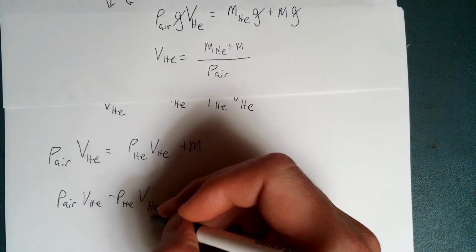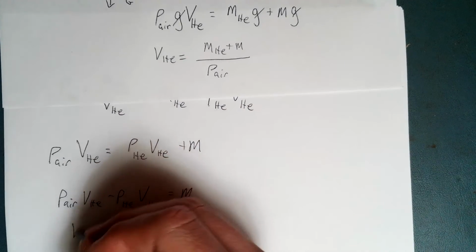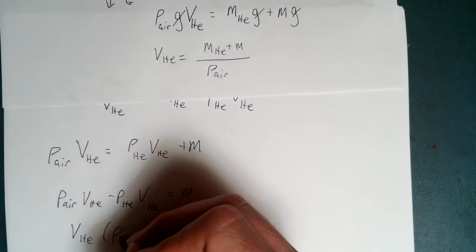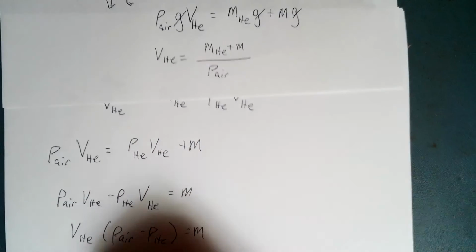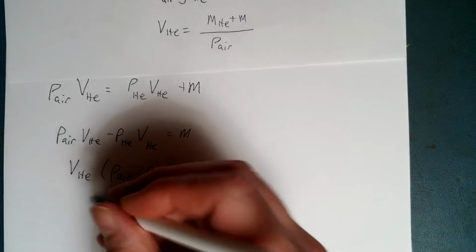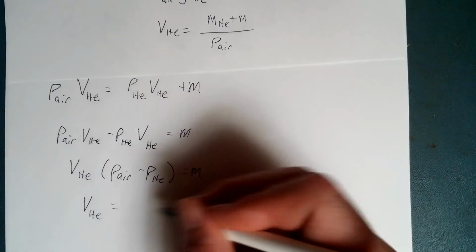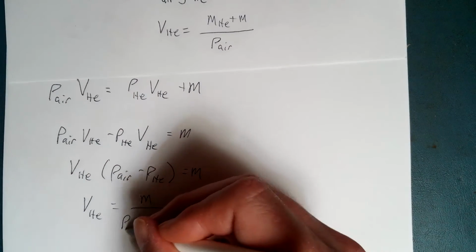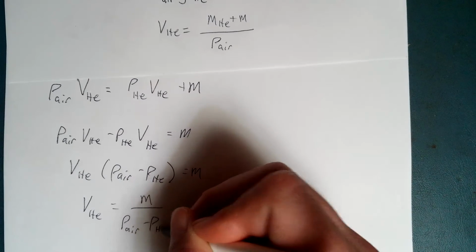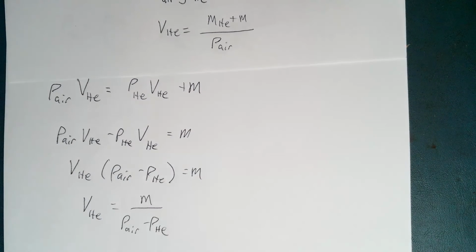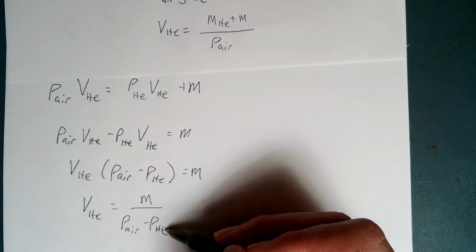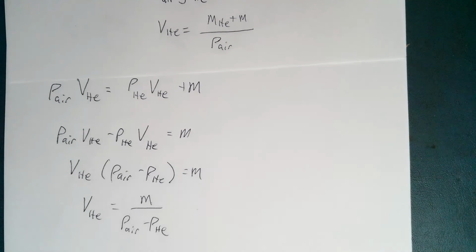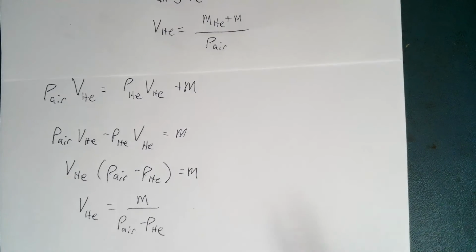So just moving this to the other side and then factor out the VHe. And there we've got, one more step, and we're solved for VHe here. Now that'll give us our final answer. We just plug in 180 and then the 1.29 and the 0.179 here, and we'll get our answer.